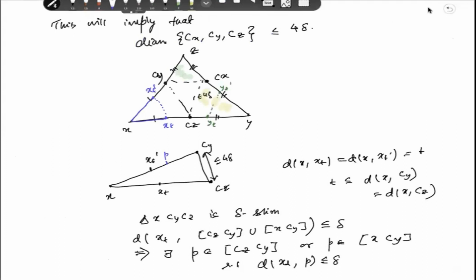Now suppose P belongs to the geodesic joining xt' and Cy.